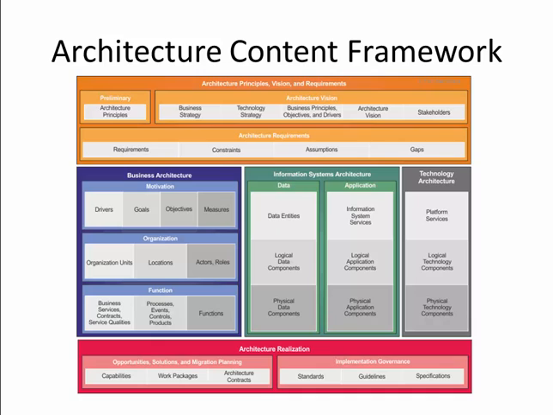So as you can see, business architecture has, for example, motivation, which has drivers, goals, objective measures, and in the organization you have org units, where they are located, who are the actors or the people who work on it, and the various roles. There are the business functions, their contracts, their service qualities, service level agreements, their process, events, control, and products, and there are other functions as well.